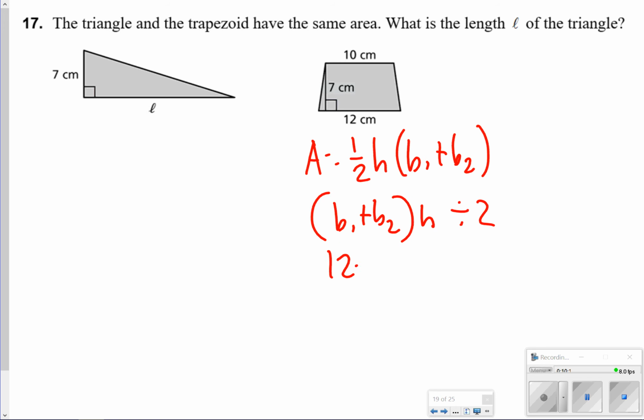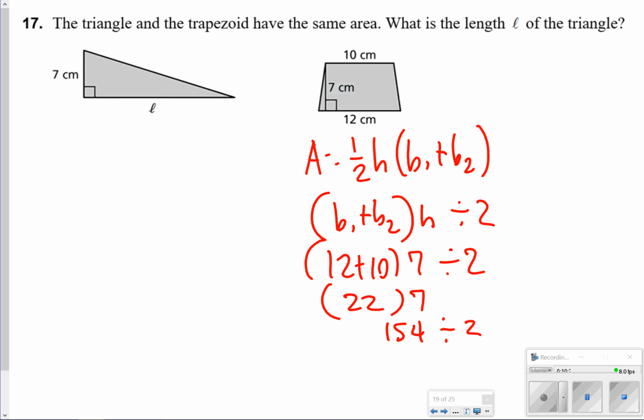So that would be 12 plus 10 times 7, and then dividing by 2. So 12 plus 10 is going to give us 22. So we're going to do 22 times 7, and that gives us 154, and then 154 divided by 2 is 77. So both of these areas need to be equal to 77.